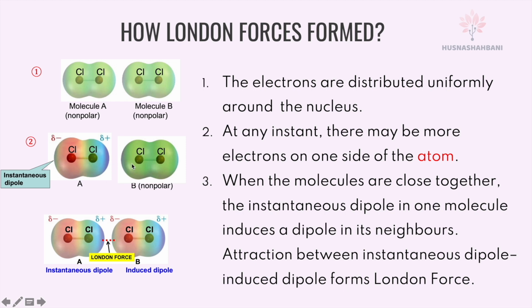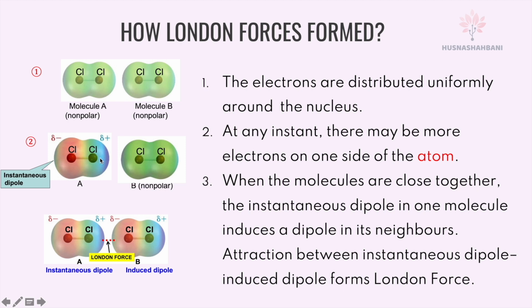When the molecules are close together, this instantaneous dipole induces a dipole in its neighbors. This means this molecule influences molecule B to be like molecule A. Then the side by side must be negative and positive, meaning they must be in opposite charge.